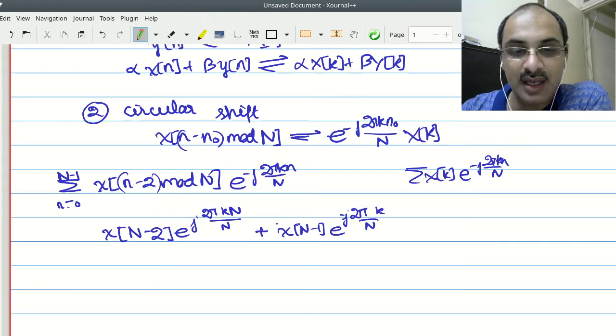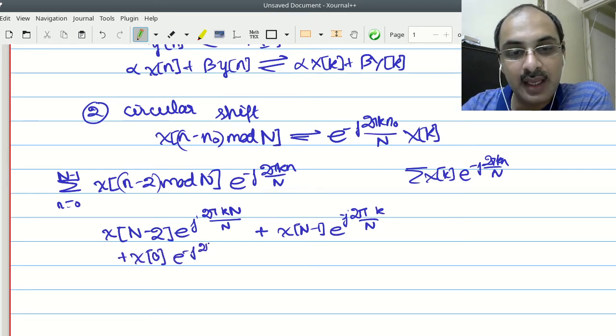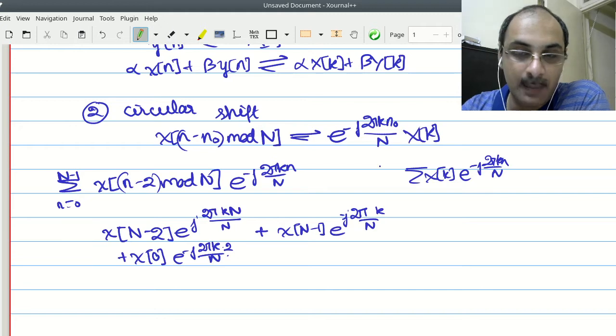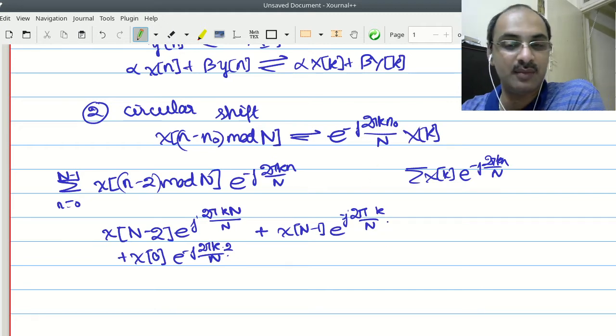I am going to rewrite this as, actually I'll leave this for a minute, plus the third term will be x[0], and you'll have e power minus j 2 pi k into 2 upon N. Notice this is the term which has to come out. Now since this is the term which has to come out, I'm going to need some extra term which comes here, which will account for that.